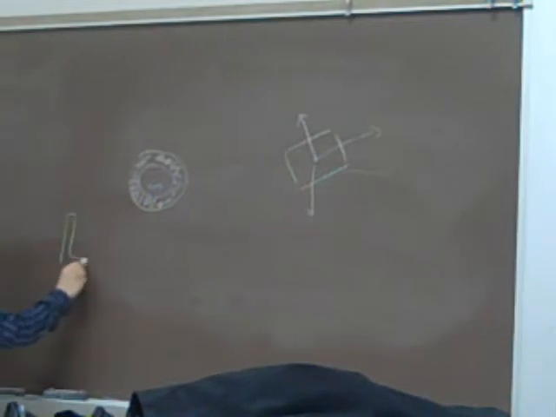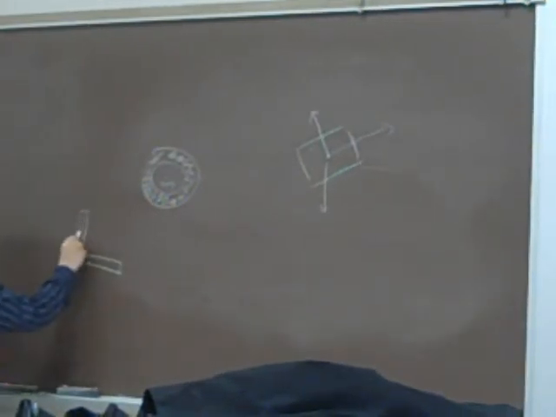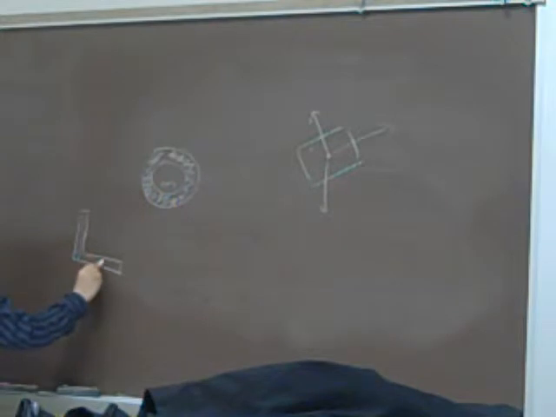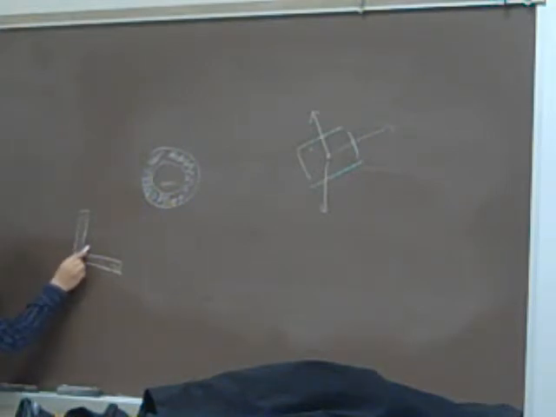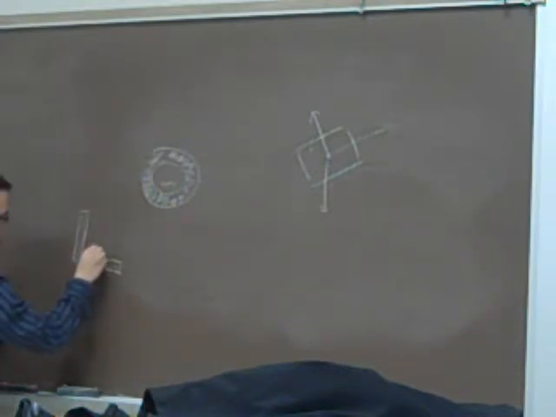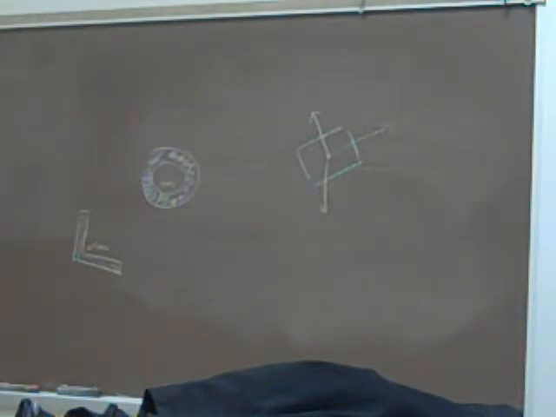If you have this kind of shape, it's possible that the center of mass is located somewhere here, right? It may not be here due to the length of this object. So this is the center of mass for this object. So it can be located outside of the object.